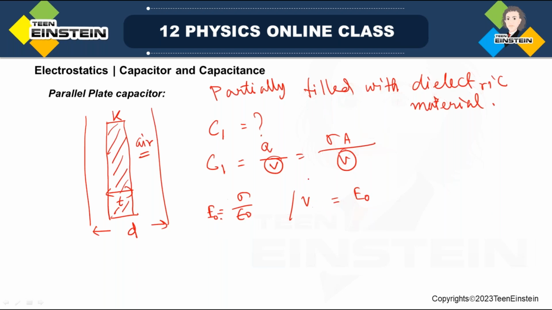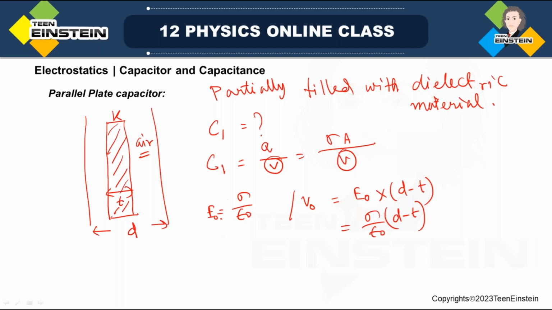So V0 is E0 into the separation, which is now D minus T. This is fine. And this E0 is sigma by epsilon 0, times D minus T.